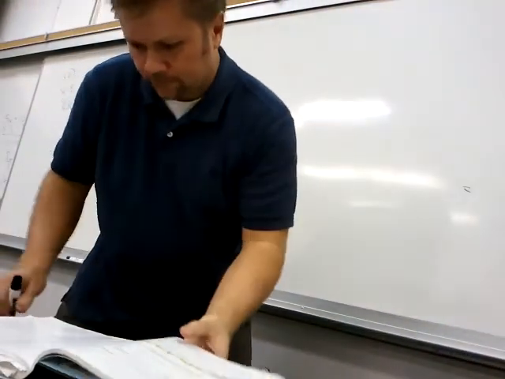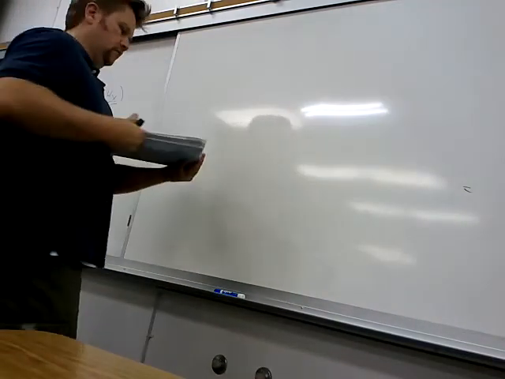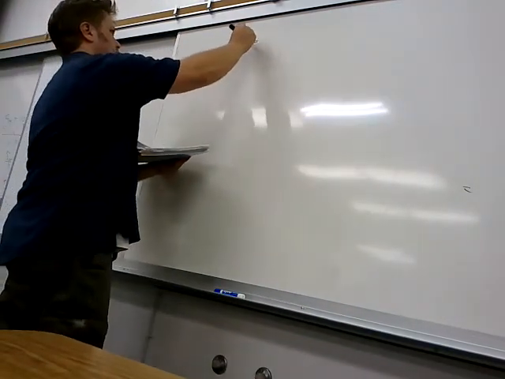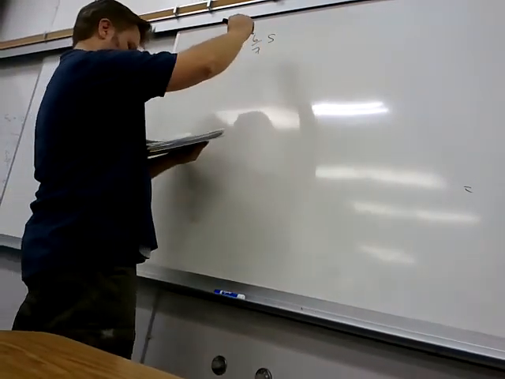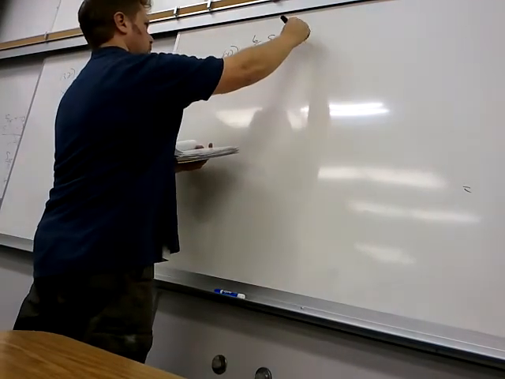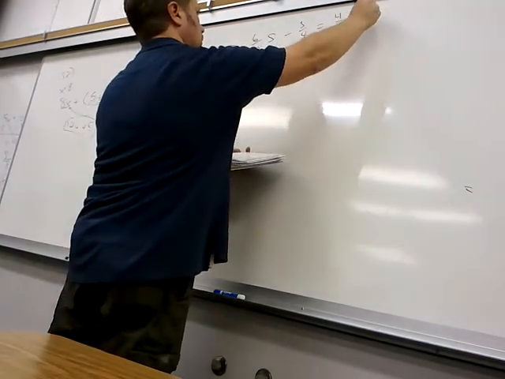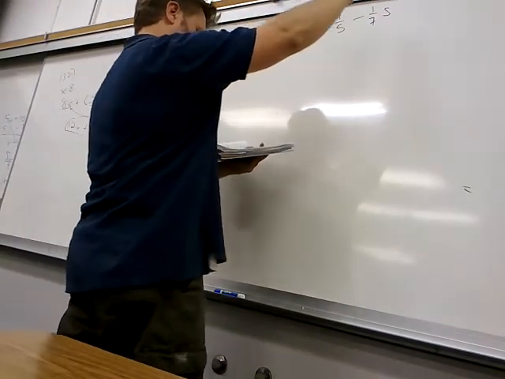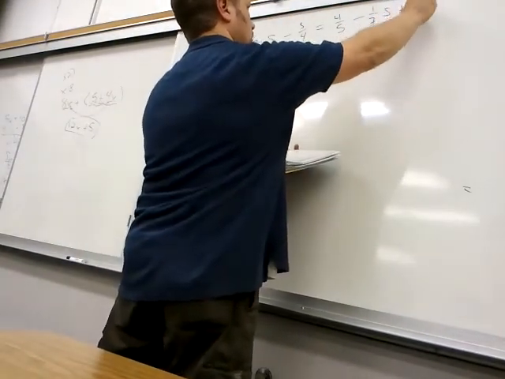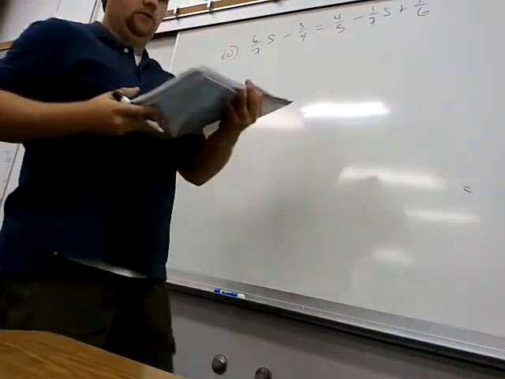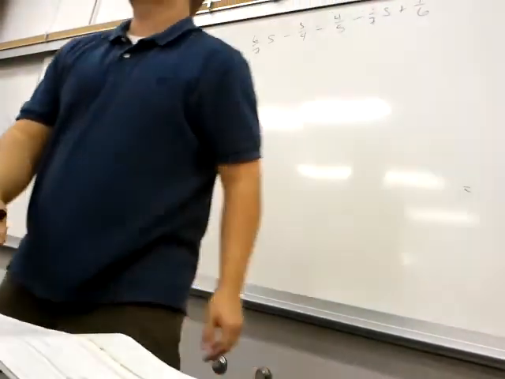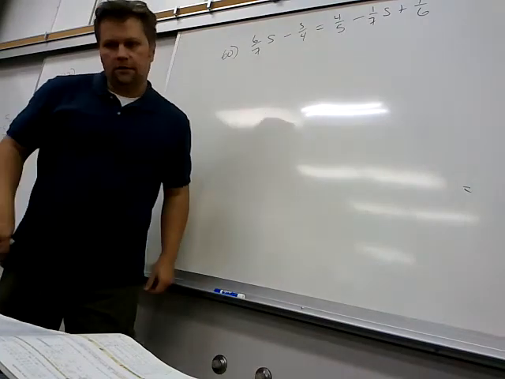Did we do that one? Maybe. Last class? No, I don't think we did this one. Okay. I got stuck on this. This is from the next homework, Section 2.1. This is page 91.